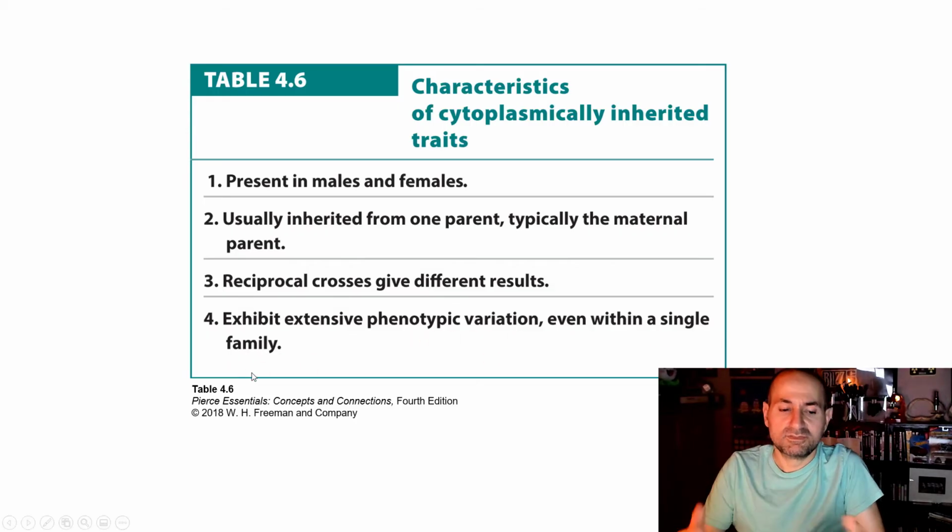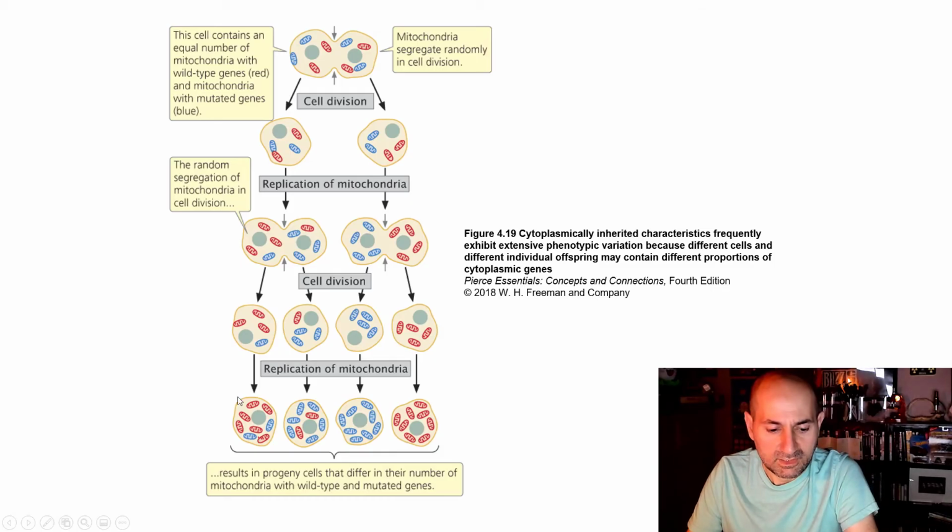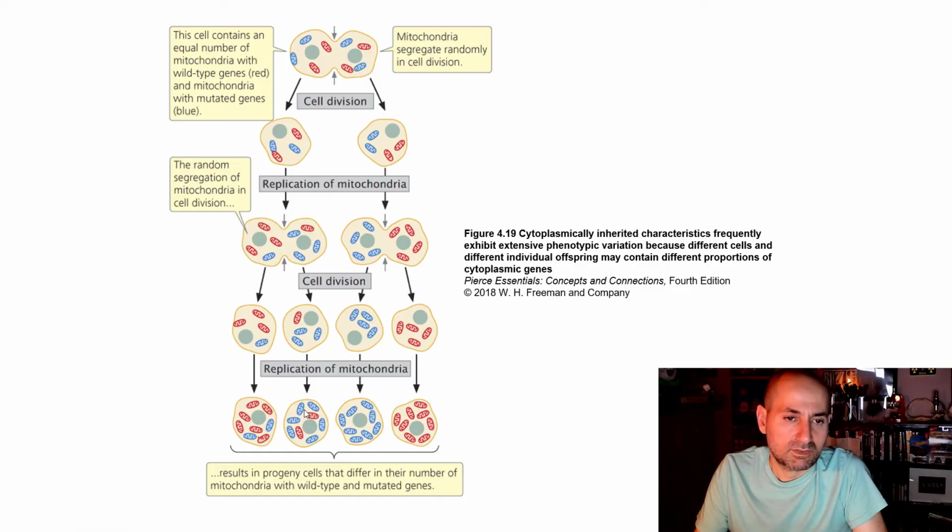Again, that makes sense because if you think about it, your sibling could have inherited all bad mitochondria, mutated mitochondrial genetics, and you may have inherited wild-type mitochondria. So you might be relatively healthy, whereas your sibling might be relatively sick because of the proportion of the mutated mitochondria that you versus your sibling inherited.